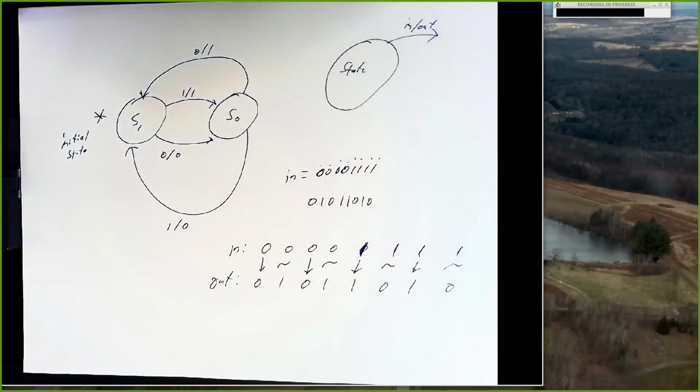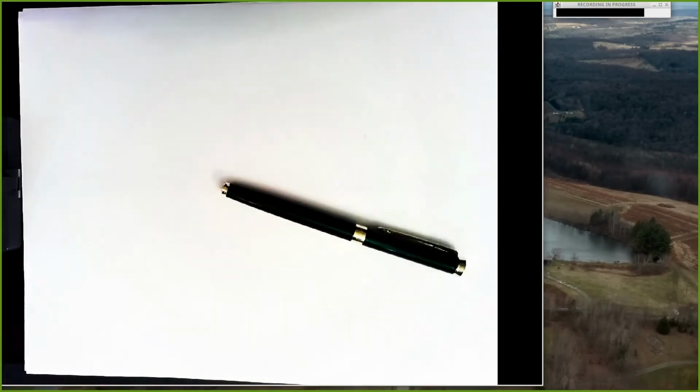Well, if we can manipulate strings, we should be able to analyze strings. And so it turns out we can do that. We can use state machines for language recognition.